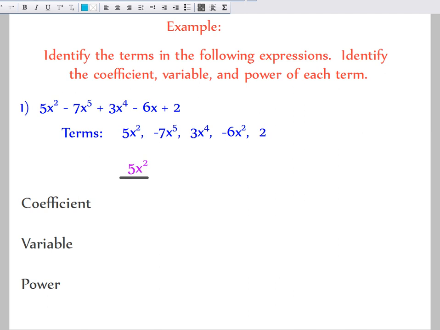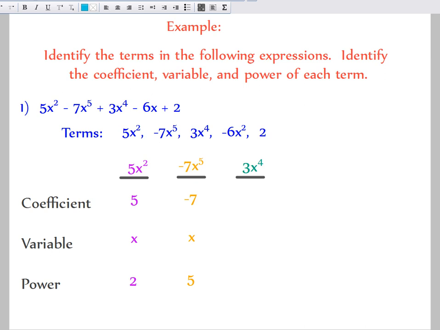Every single term is going to have a coefficient, a variable, and a power. In this first term, 5x squared, the coefficient is 5, x is my variable, and 2 is the power. In the second term, negative 7x to the fifth, the coefficient is negative 7, the variable is x, and the power is 5.